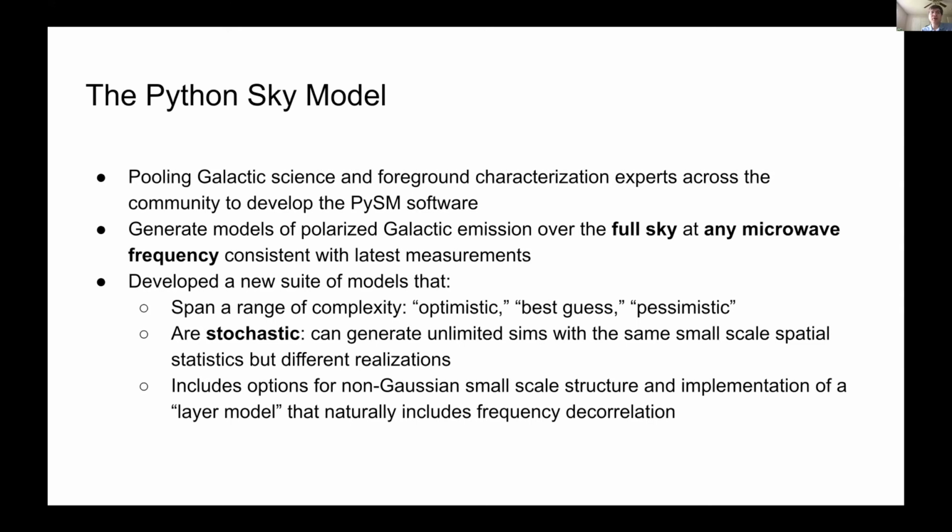So if you want to generate an IQU map of dust and synchrotron and AME and CO emission at 115 gigahertz, PySM provides you a way to do that, where your large scales would look like the large scales that have been well measured by the ensemble of experiments, and then you get some realization of the small scale structure that you can then use in your forecasting, modeling, testing out component separation software, et cetera.